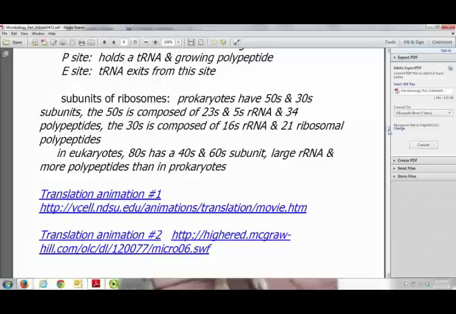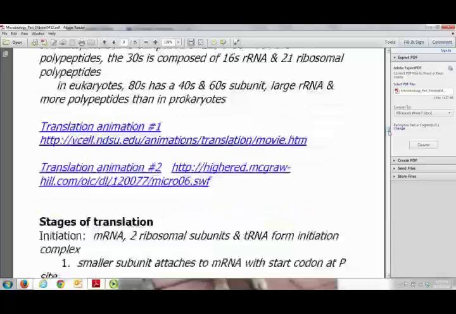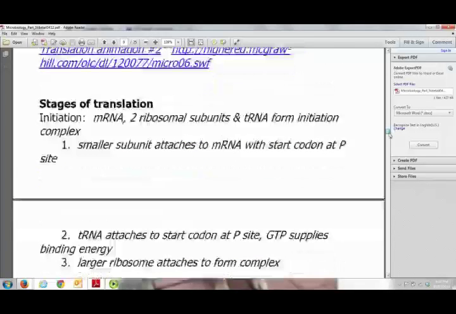So you'll notice here that the size of the subunits does not add up to the total size because it's a sedimentation rate, not actually like a mass rate that gets added together. So the 80S has the 40S and 60S subunits, the large RNA and more polypeptides than you have in prokaryotes. So they're just bigger. Then we've got 2 animations of translation here that you can take a look at.